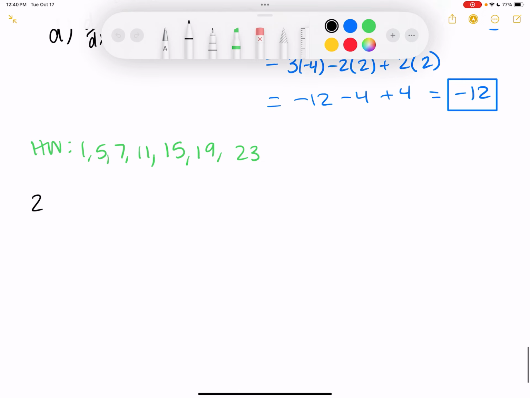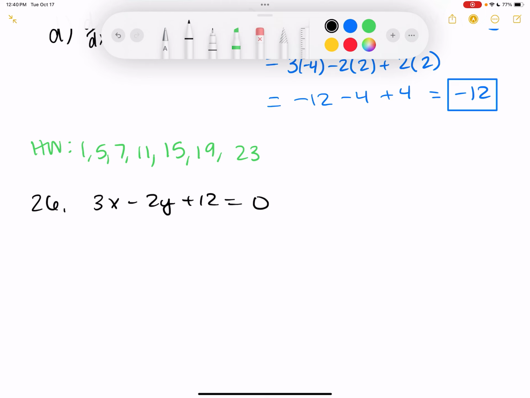All right, 26. So this one says, which of the following numbers is the slope of the line? And it gives it as 3x minus 2y plus 12 equals 0. What was the question? Which one's the slope?